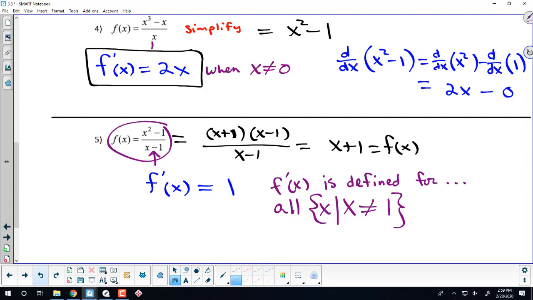The function's not defined there, so you can't define a derivative there. Any questions on those?